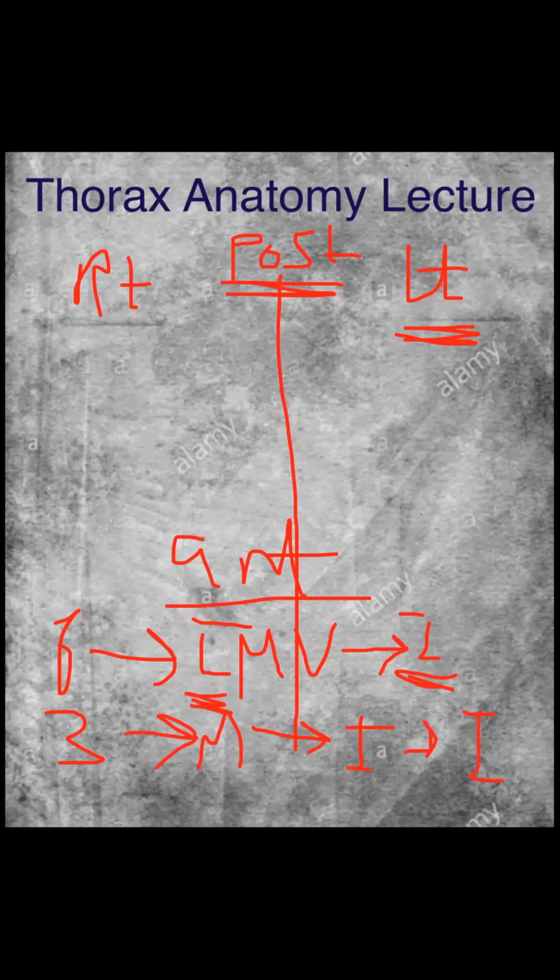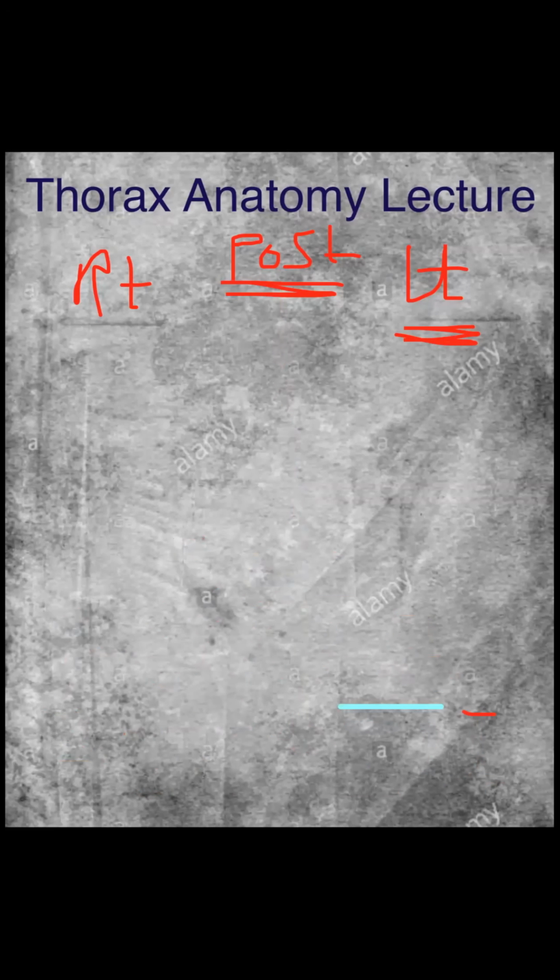These are the drainage of the anterior chest wall. While the posterior, which is the most important, here I have right and left. They will also be 11 and 11. I will divide into 1, then 2, 3, 4, then from 5 to 11.